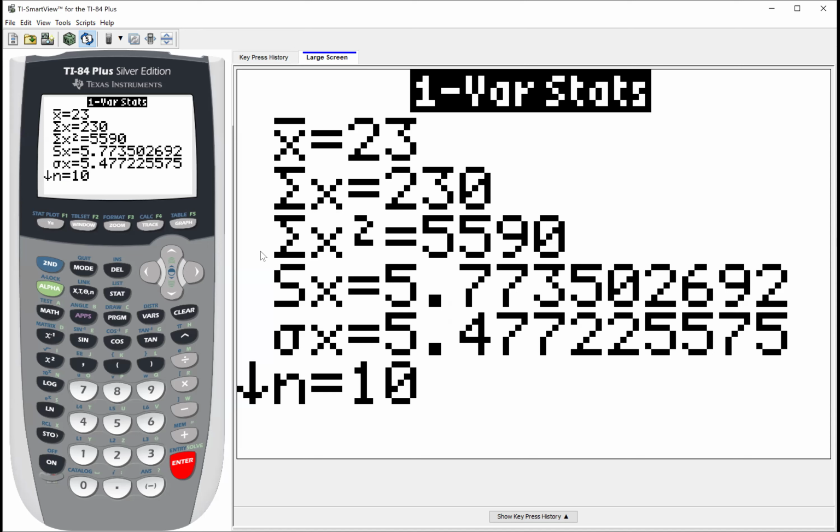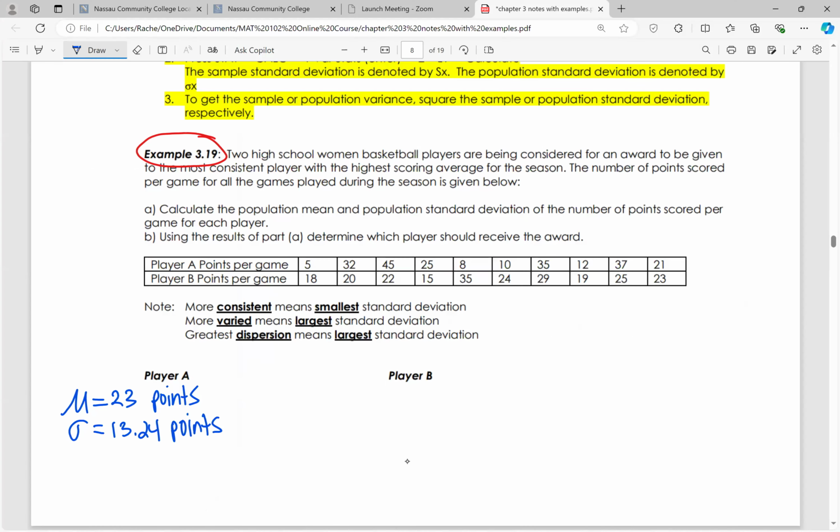And we'll write that down. So player B had a mean of 23 points and a standard deviation of 5.48 points.